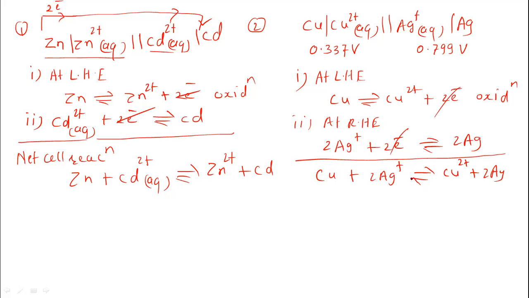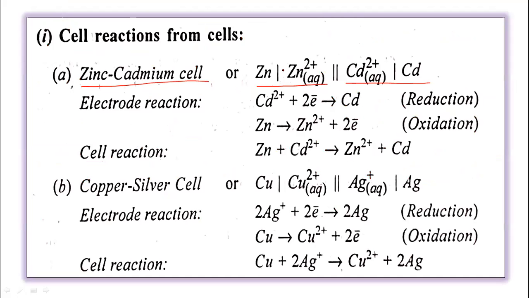Metallic silver is formed on the right hand side and copper gets oxidized on the left hand side. So this is the second type of galvanic cell. In this way we can write the cell reaction from the galvanic cell. This cell is also called a copper silver cell. This is the copper electrode, this is the silver electrode.